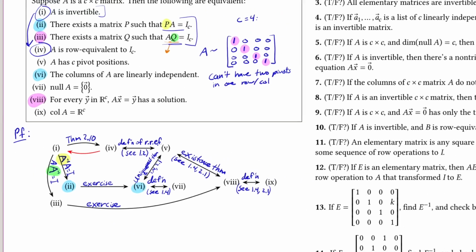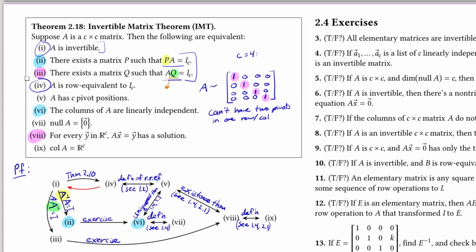But yeah, the hard part is that if A is row equivalent to the identity, then A is invertible. And the trick to this is elementary matrices.